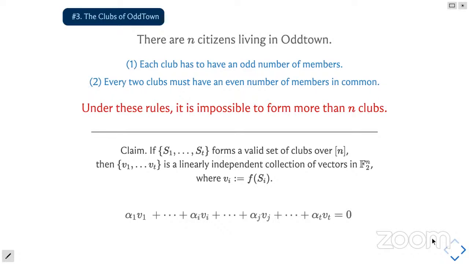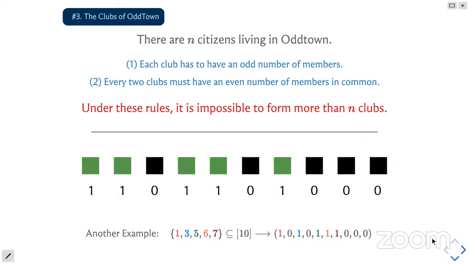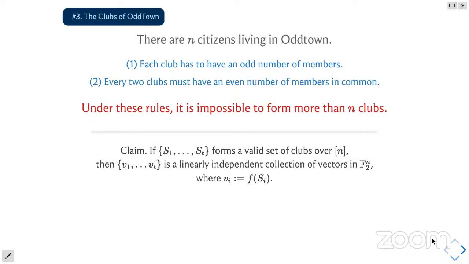And just to back up a bit, let's make sure that we are on the same page about what these vectors are. These vectors are what our linear map from, maybe I shouldn't call it a linear map, but let me just say the map that we described just now, these are the vectors that we are transported to from any hypothetical club system that respects the odd-town rules.